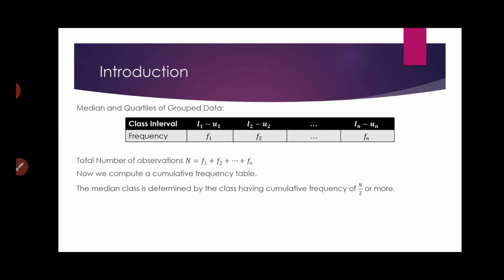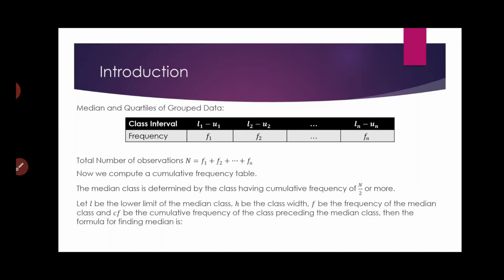After we have identified the median class, our job will be to identify a few other things. The first thing is the lower limit of the median class. Let us call that small l. Then I have to identify the width of the class, which is already given, the frequency of the median class, and the cumulative frequency of the class preceding the median class, that is the class before that.